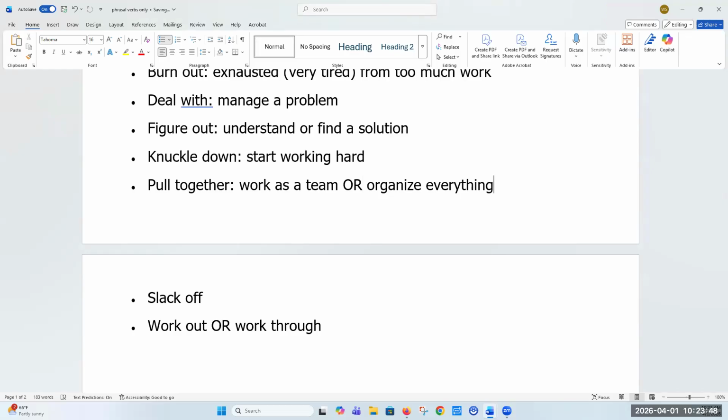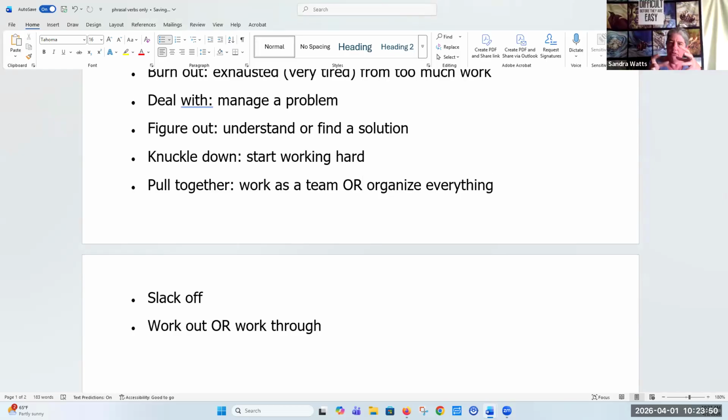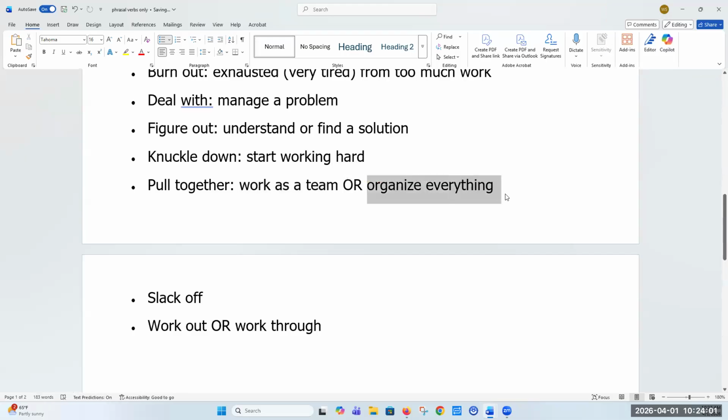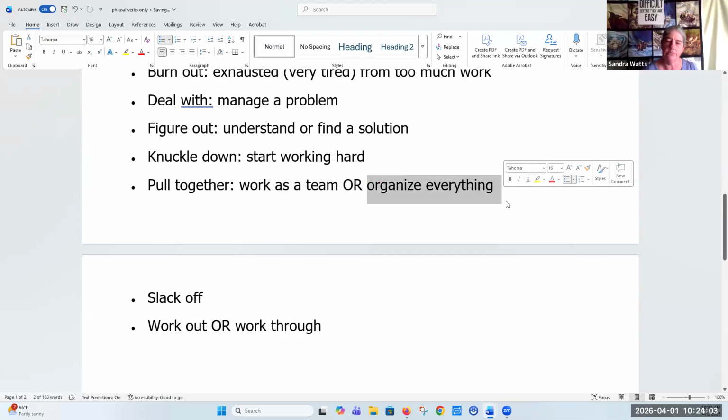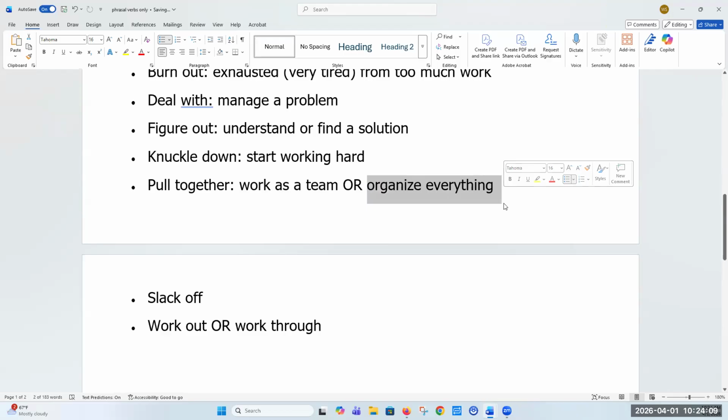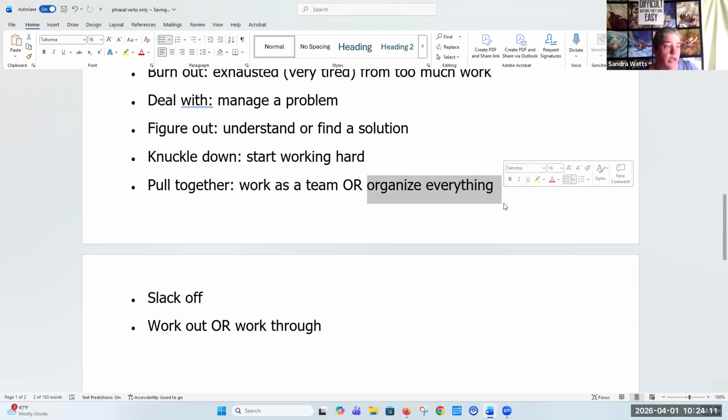It means get all your stuff together for a project or for whatever. The way I have it in the practice, I have this one, work as a team. But you could also use it to mean organize things. Sorry, Serena? Oh, no. No problem. Are you okay? Okay. I didn't know if you were repeating or asking.